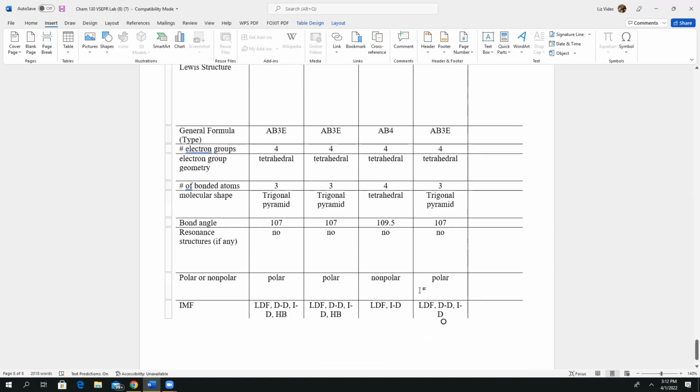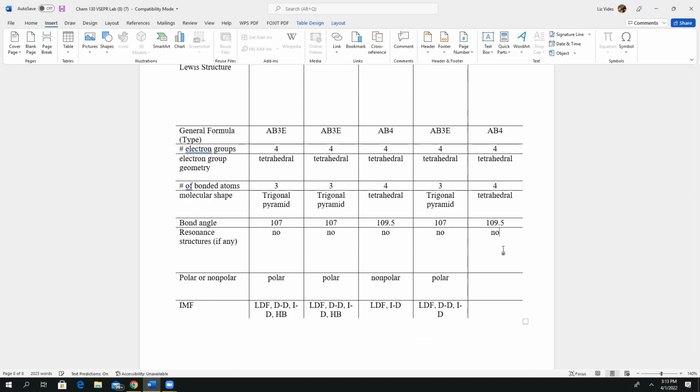So one of these is not like the other, even though it's an AB4, and there are 4 things around. And we know this is tetrahedral. All of this is going to look like it's non-polar, but I'm going to show you why it meets that requirement. Angles 109.5.